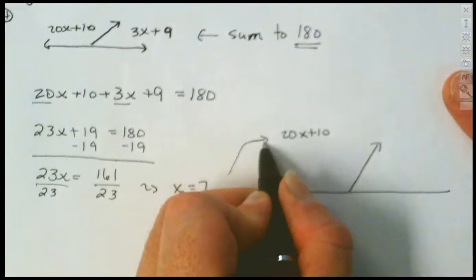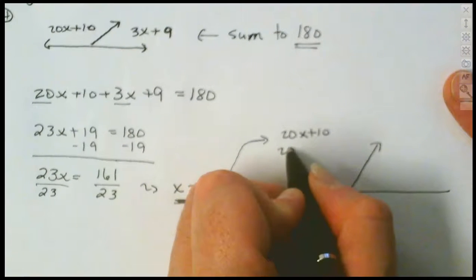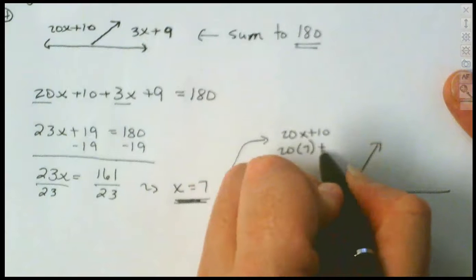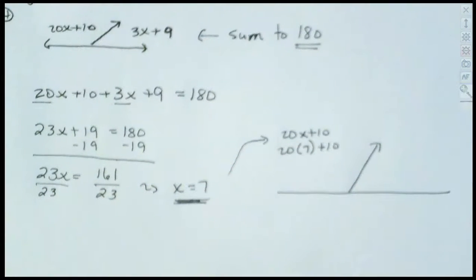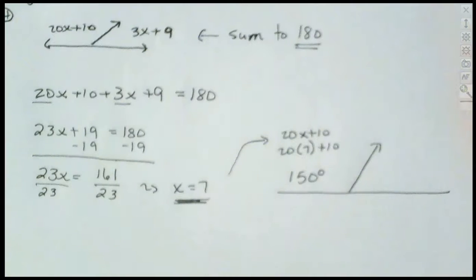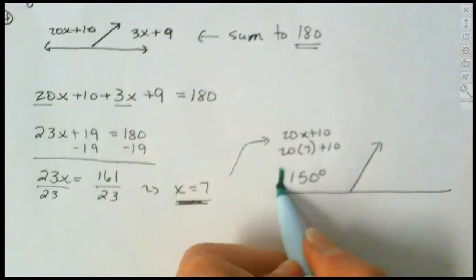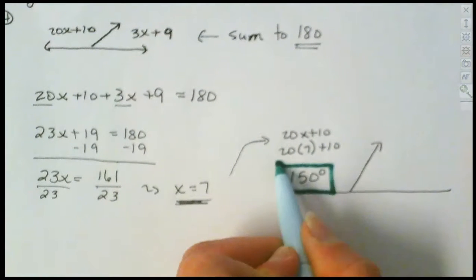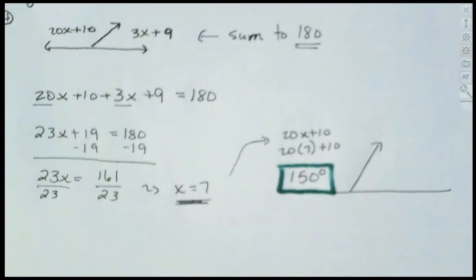Okay, so we take our 7 that we found and we plug it in. And then we work that out. 20 times 7, that's 140. Plus another 10 more makes it 150. So there's one of your angles. So that's part of your answer. So you've got to take it and plug it back in.